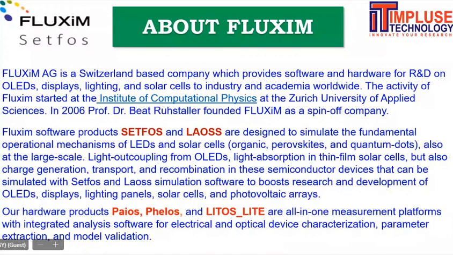Let's suppose you have a sample of solar cells, and you want to study what will be the current voltage characteristics, what will be the LED cases, electroluminescence, photoluminescence, spectra. So for electrical characterizations, impedance measurements, transient measurements, then this PIOS is useful. And for electroluminescence, photoluminescence, goniometer, this LAOSS is useful.